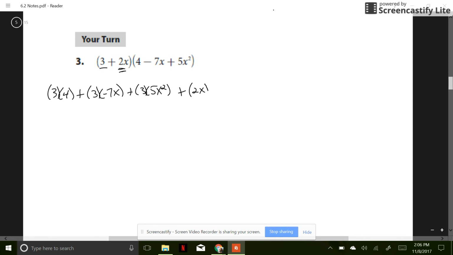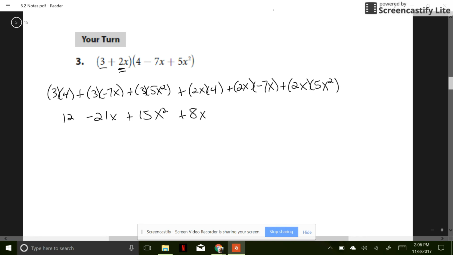So 2x times 4, plus 2x times negative 7x, plus 2x times 5x squared. So this should get you 12 minus 21x plus 15x squared plus 8x minus 14x squared plus 10x cubed.